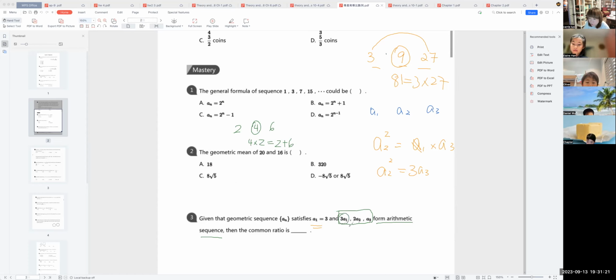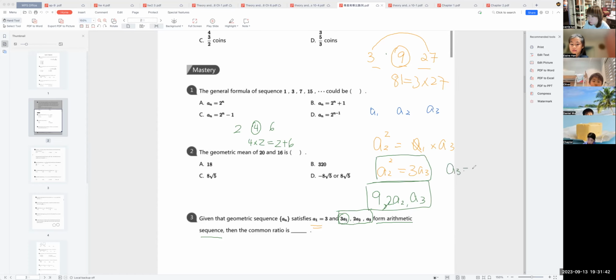Now we already know A1 equals 3. That means 9 and 2A2 and A3 is forming an equation like that. Correct? An arithmetic sequence. 好了，那小朋友们，老师前面有没有给你们写出来一个东西？3A3 equals A2 squared, right?